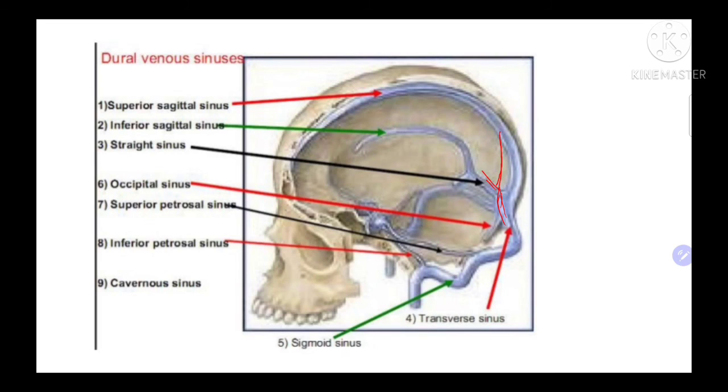But sometimes also the occipital sinus opens into the transverse sinus. So we can say the asymmetry of the confluence of the sinuses is going to be in relation to the development of the hemisphere.